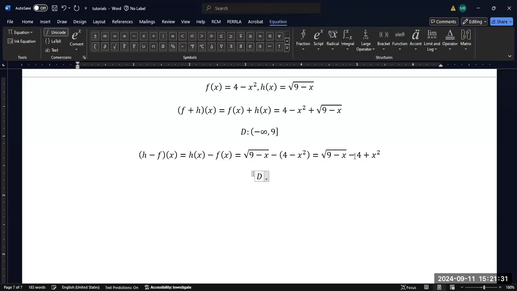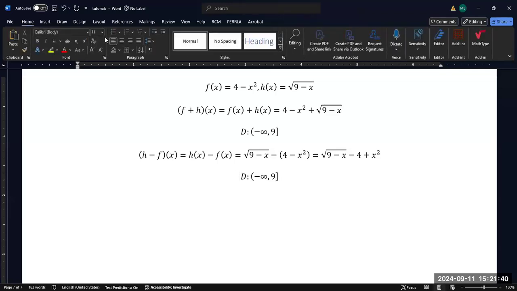What is the domain? Again, it's where they both overlap. And so that will be negative infinity to 9, since the polynomial is defined everywhere, and this is the one that has the only restriction.